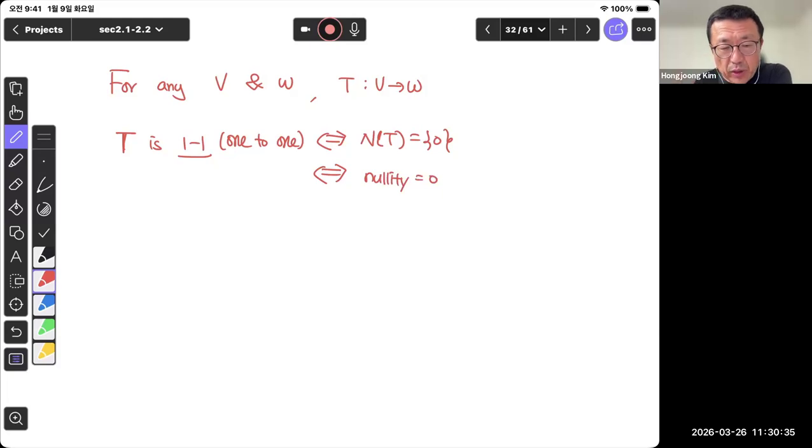And since we have this strong formula, the sum of the nullity and the rank is the dimension of the domain, if the nullity is 0, then that means the rank of T equals the dimension of V. So this is true in any situation.